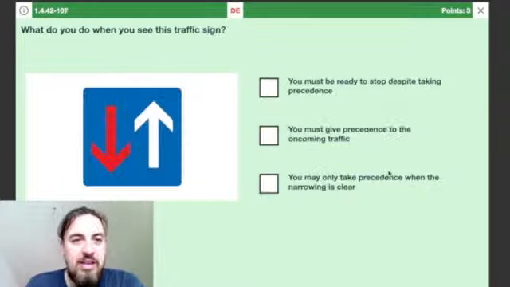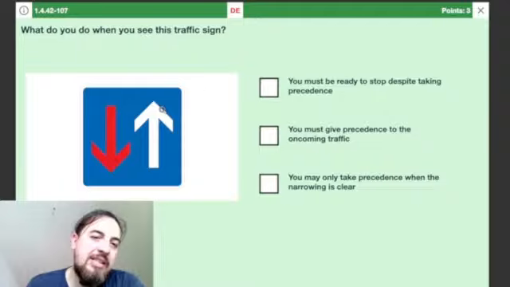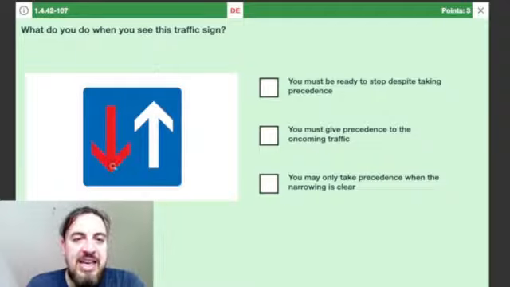Good. What do you do when you see this traffic sign? You must be ready to stop despite taking precedence. You must give precedence to the oncoming traffic. You may only take precedence when the narrowing is clear. So that sign means that if it's getting narrow and you're about to go, the oncoming traffic has to wait.